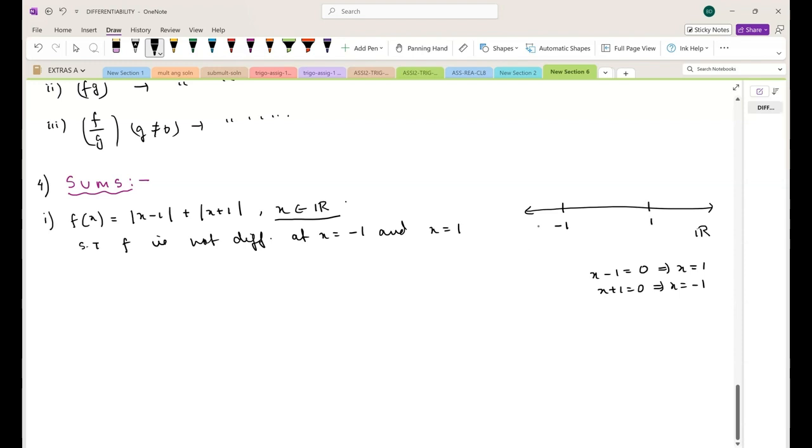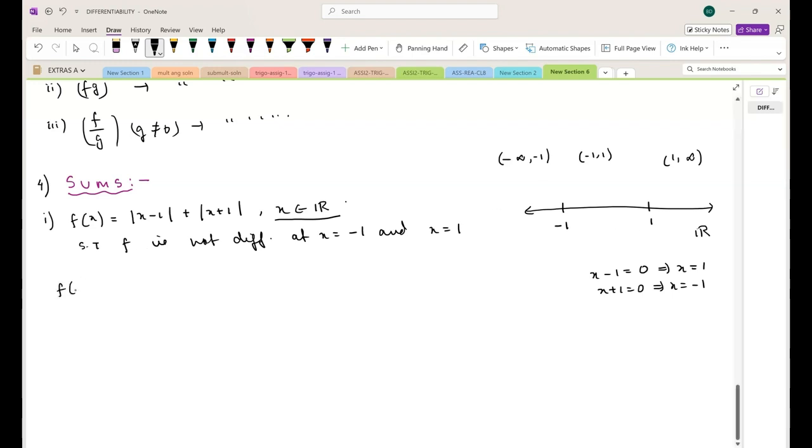That means you are dividing the entire domain into three intervals: −infinity to −1, let me take open interval for the time being, and then you have −1 to 1, and then you have 1 to infinity. So these are the three intervals. So let us see how the function behaves in these three intervals individually.